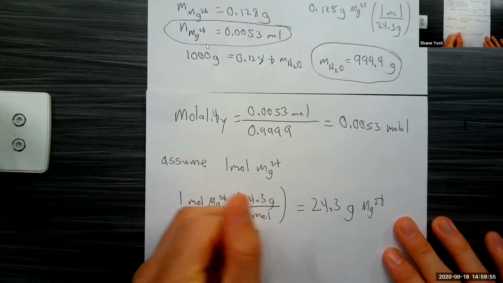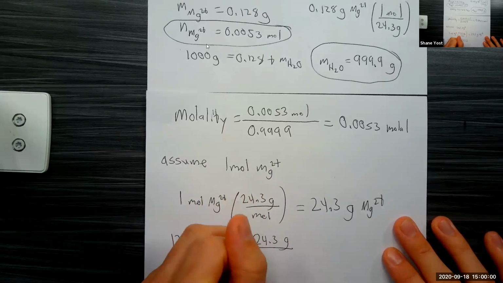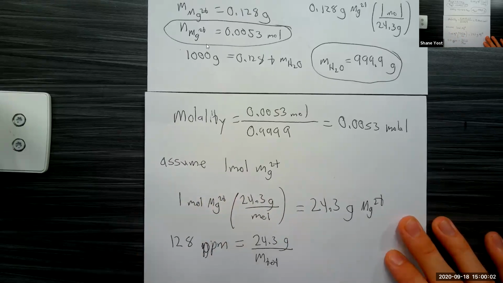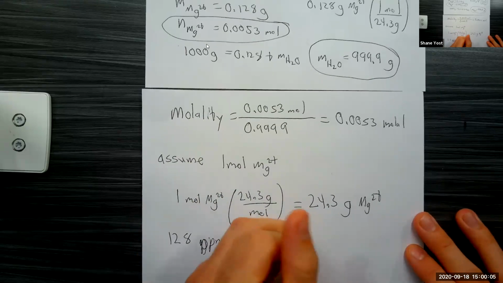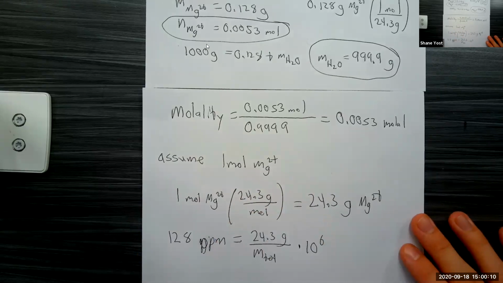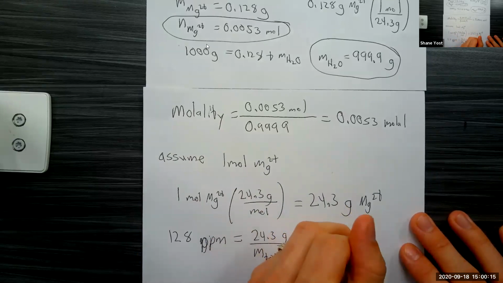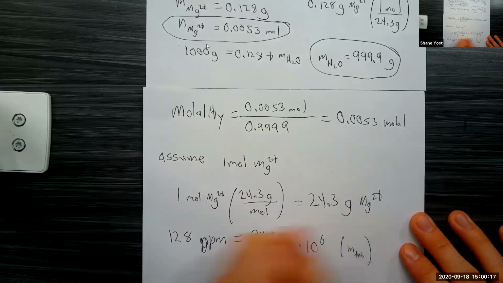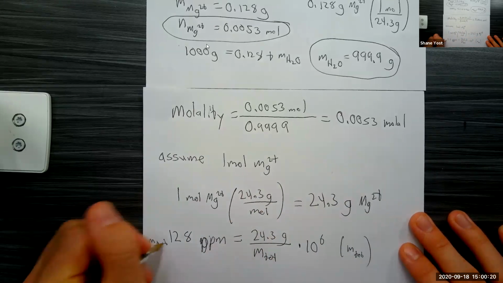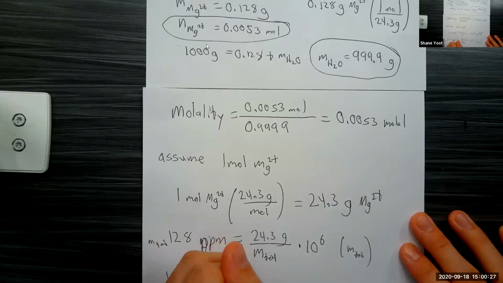ppm equals 24.3 grams over the total mass, okay, so m total, what I'm saying for the total mass, times a million. So if I multiply both sides by the total mass, I have 128 times m total equals 24.3 times a million.